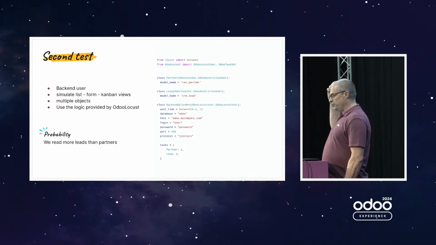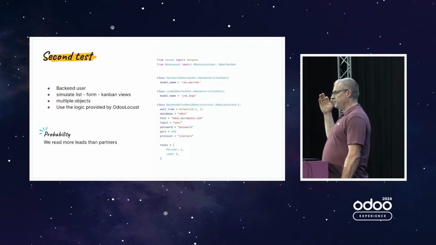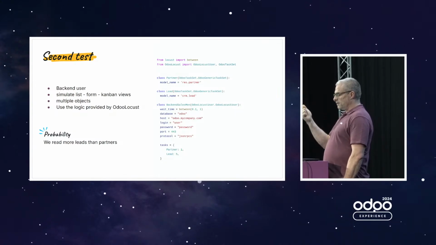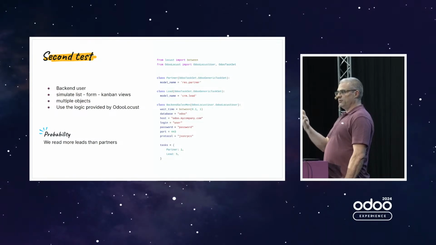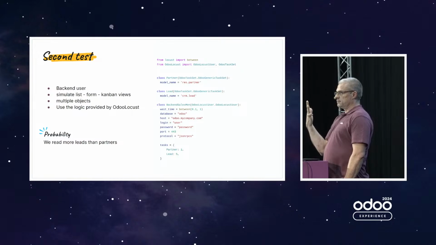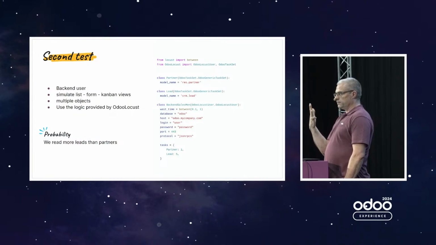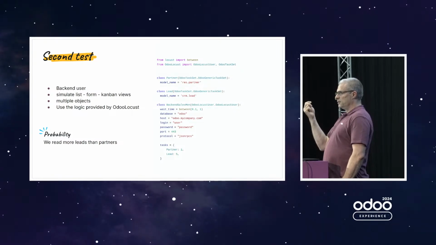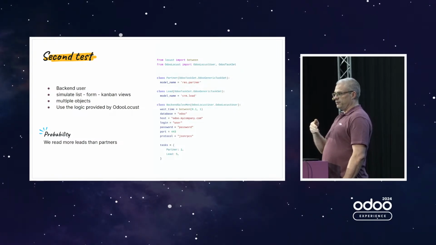what Odoo locust will do is, okay, I have a model name. I will retrieve the list, the form, and the Kanban view, as well as the search view with the filters for this model. Based on that, I will randomly use the list view, the form view, or the Kanban view.